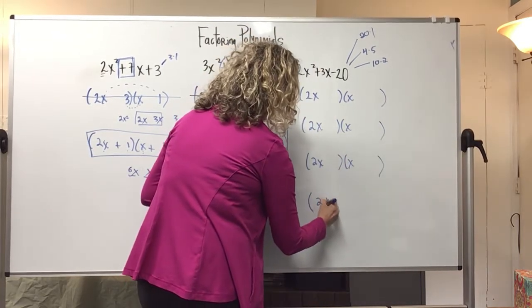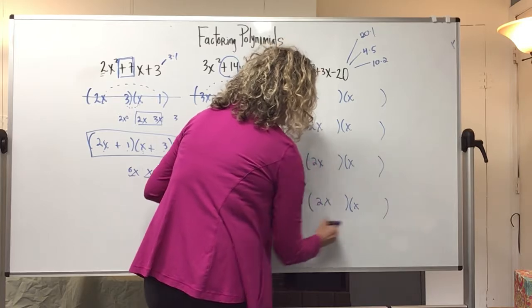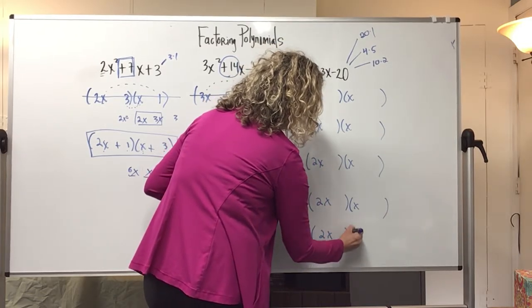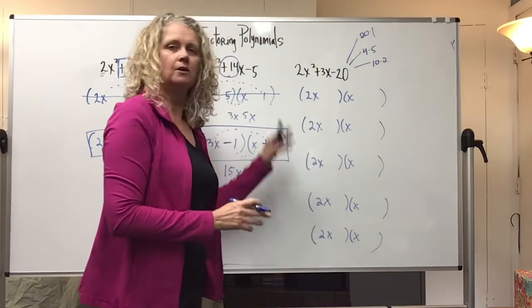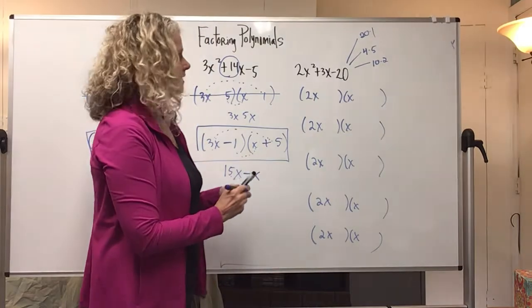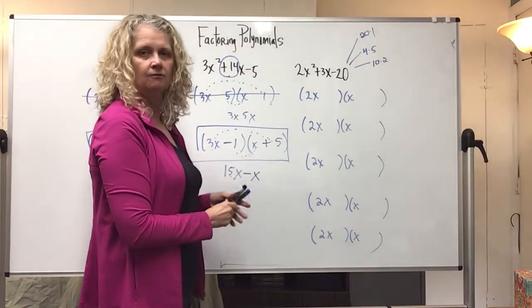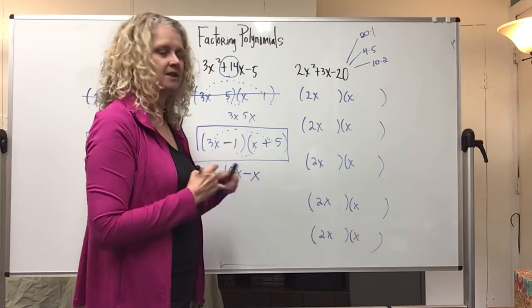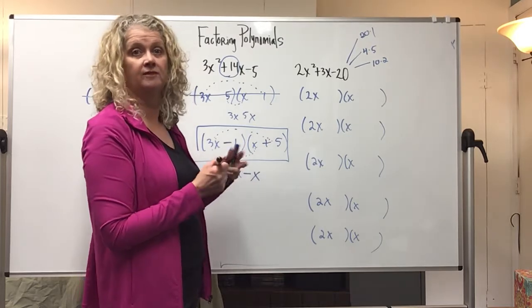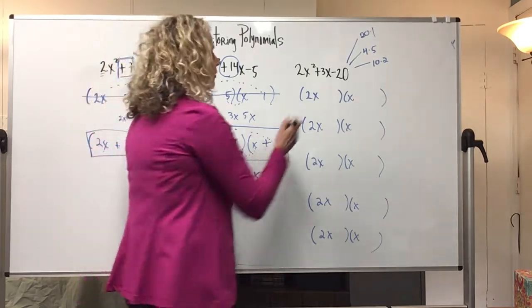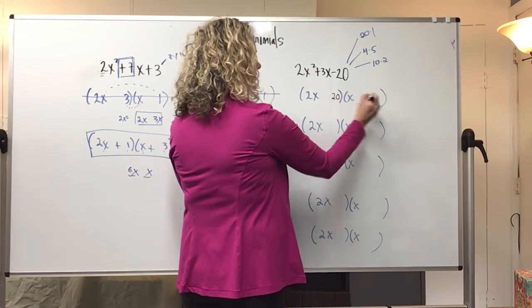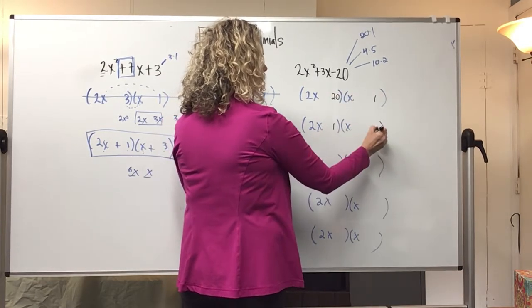I'm going to start by writing out all the options it could possibly be. And if you'll go through the trouble to write out all the options, as annoying as it is at first, it really helps in the end to see the patterns and to get to a place that's quicker and faster and more efficient. So this could be a 20 and a 1 or a 1 and a 20.